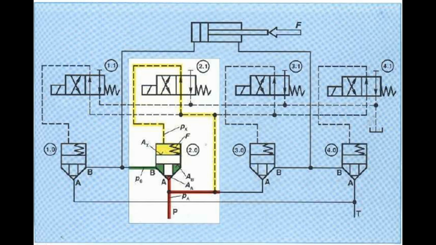Valves 1.1 and 3.1 are energized, thus connecting the spring chambers of logic elements 1.0 and 3.0 to tank. Pressure in the P line can now open valve 3.0 via area X, lift the valve poppet and allow fluid to flow to the annulus side of the cylinder.